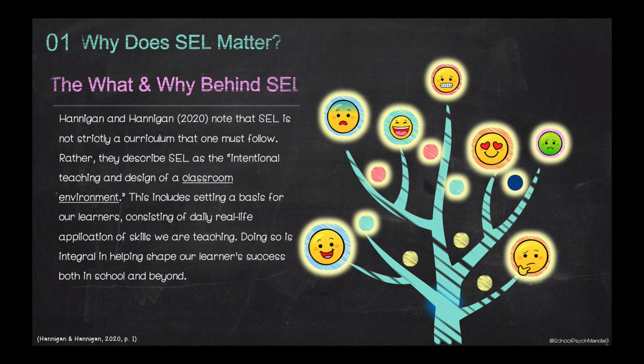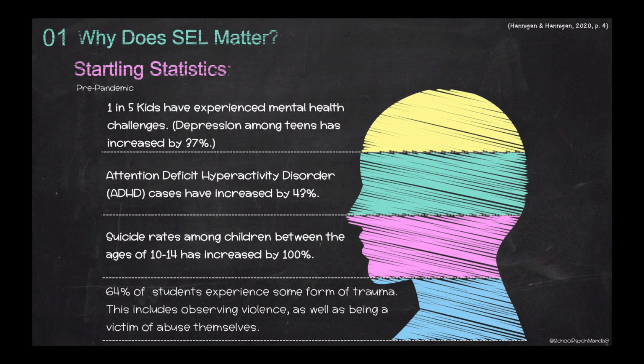Social emotional learning is the intentional teaching and designing of your classroom environment, and it helps to create the foundation for a healthy environment for students practicing real life skills that they're going to need in everyday living, helping them to build their capacity so that as they progress through elementary school, middle school, high school, and into the workforce, our students have the basic foundational skills they need to be successful, not just academically, but in life in general.